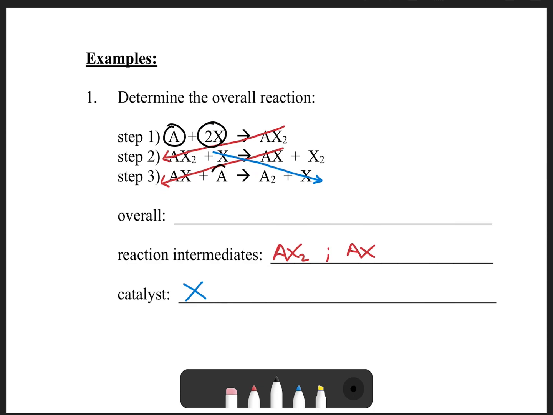It sometimes can be helpful to circle these in here so we don't lose track of what we have crossed off. And we've got 2A plus 2X to produce A2 and X2, and there is my overall chemical reaction, identifying intermediates and the catalysts that are present.